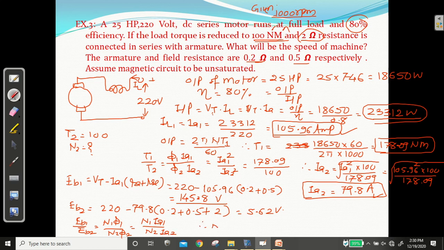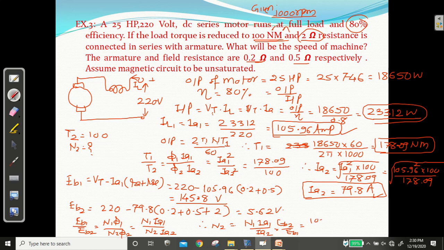Hence N2 equal to, what is N2 equal to? When N2 comes here, it is N1 IA1 upon IA2, and this becomes inverted, EB2 upon EB1.